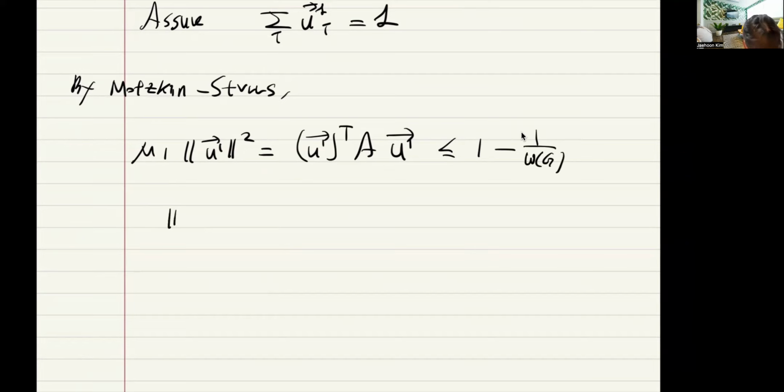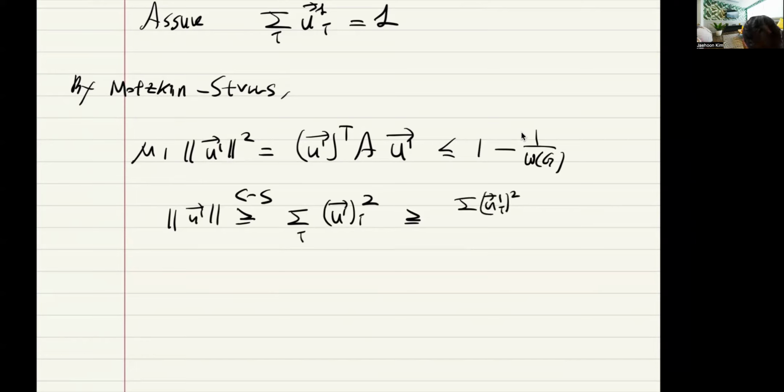Then what? Using Cauchy-Schwarz again. So this one is what? The sum of the i's coordinates squared. Sorry, so here I have to go outside, 1 over n.